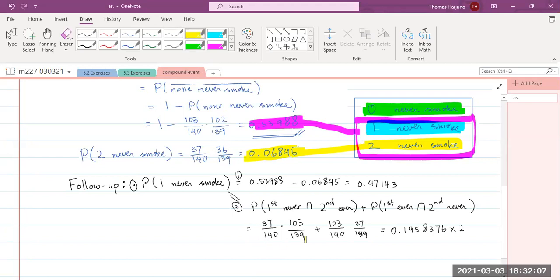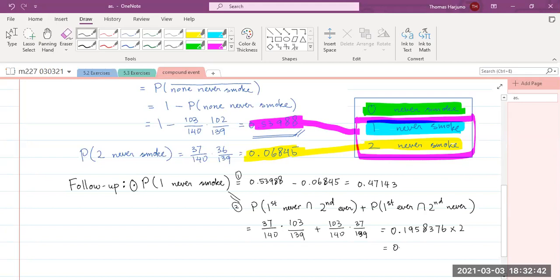If you take a look, this guy and this guy are exactly the same numbers, right? That's why I multiply by 2 there. When I multiply by 2, hey, why is it different? Well, I get different answer. Supposed to be the same.